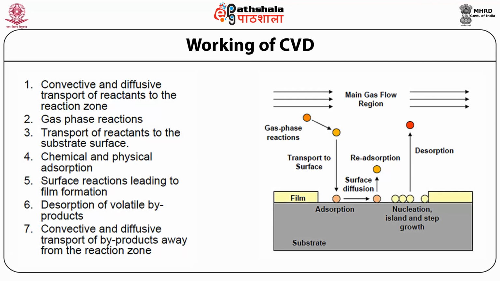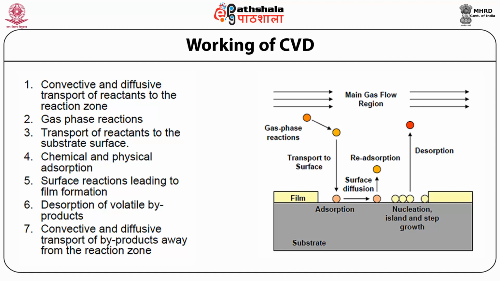Working of CVD. Here it has been shown in a slightly more elaborate way. I will just tell the process step by step. Convective and diffusive transport of reactants to the reaction zone. First we take that gas, and then in the next stage gas phase reactions take place, and then we transport the reactants to the substrate surface.